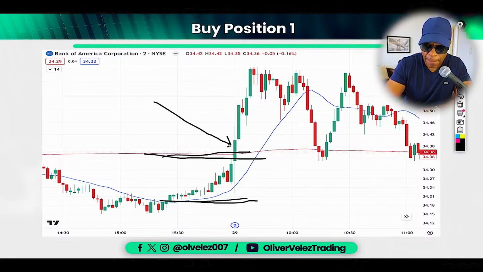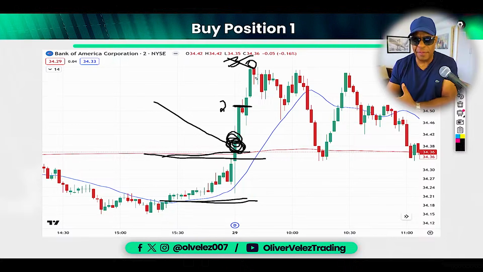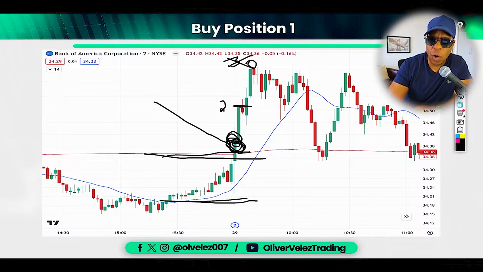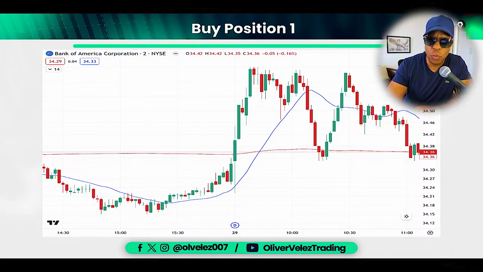Here is a buy in position 1. My add is in position 2. That's fine. But if the add comes here, that's position 3. That's not fine. Okay? Make sure that all of your activity is in position 1 and 2, not in 3.